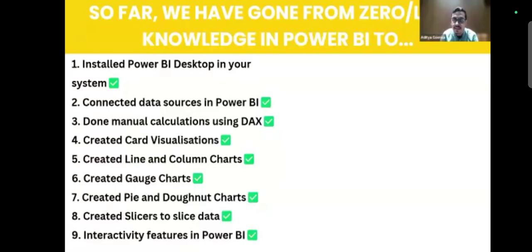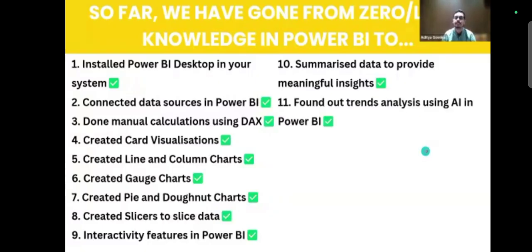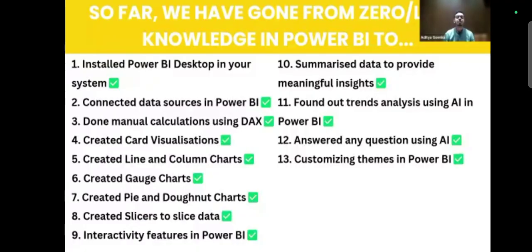We learned about the interactivity features in Power BI. We learned how to summarize data to provide meaningful insights. We found out trend analysis using AI in Power BI, exactly what we did in the last couple of minutes. Then we learned how to answer any sort of question inside Power BI. We also learned how to customize our themes. All of this we did in the last couple of hours.